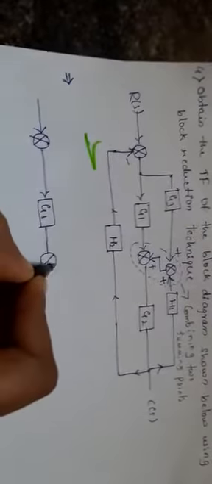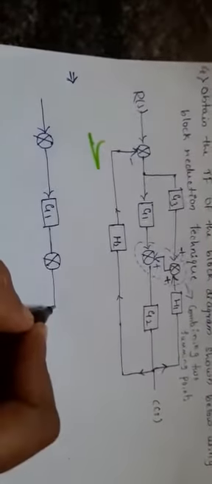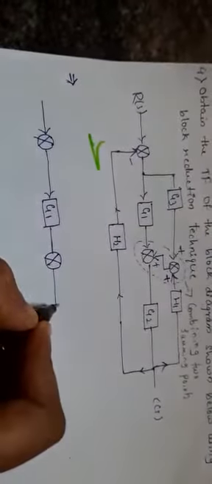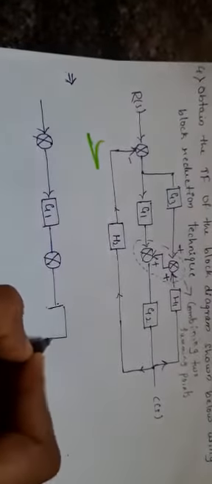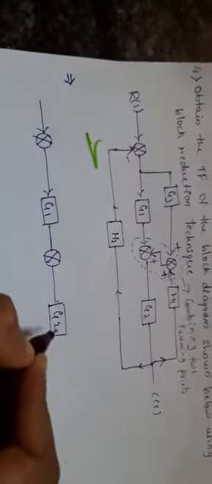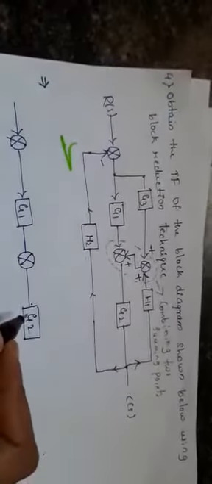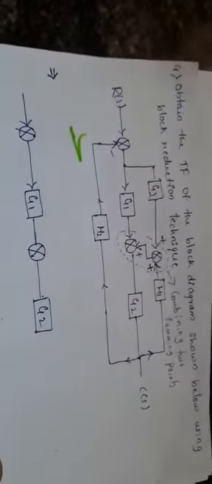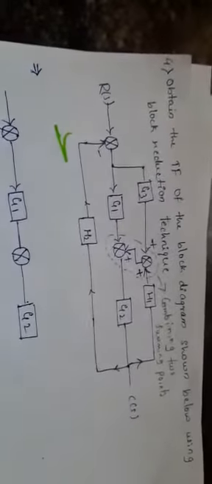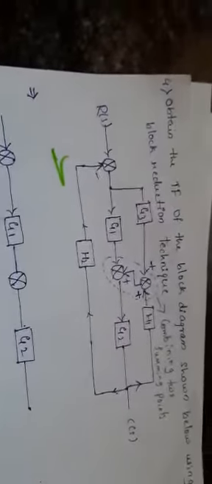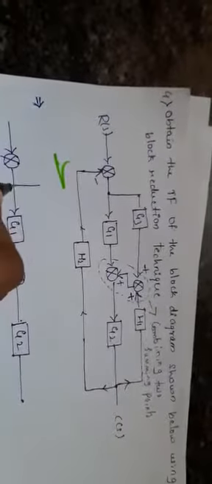Next, here we have only one summing point, and here we will have G2. We will have only one summing point instead of two.